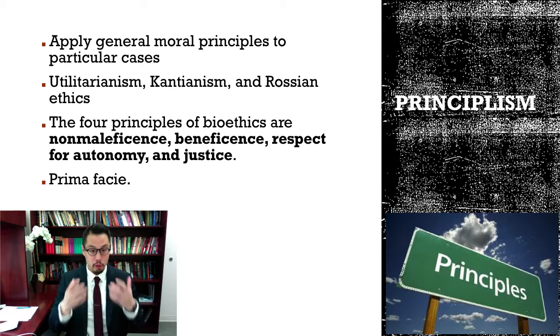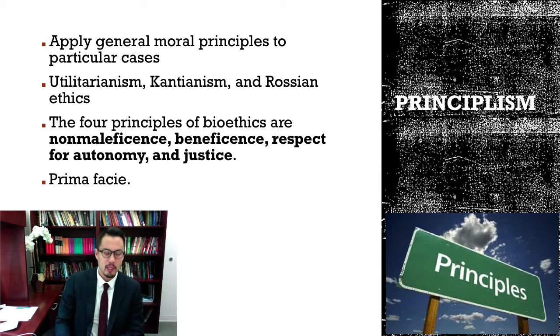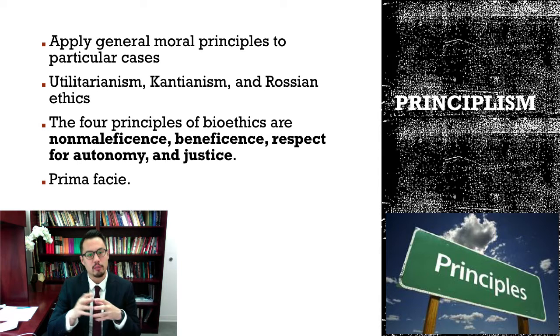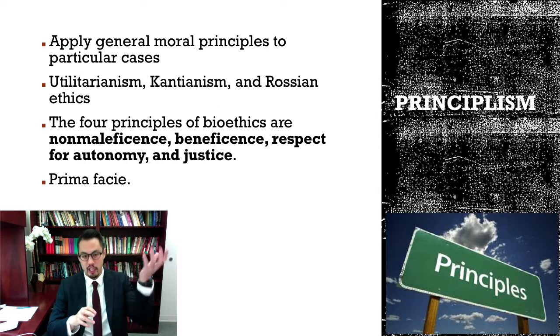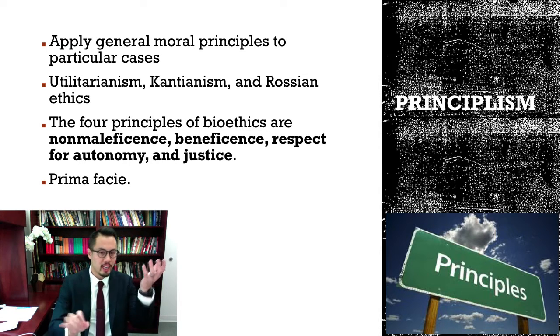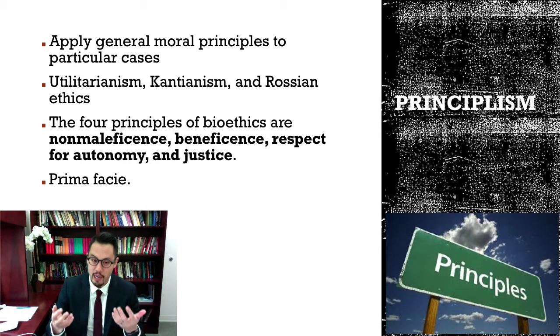There are generally two ways to resolve difficult moral dilemmas in a clinical setting. The traditional way, which is gradually falling out of favor, is called principlism. Those who make use of this method try to apply general principles to particular cases. So in the last chapter, we examined a few principlist schools of thought, including utilitarianism, Kantianism, and Rossian ethics.